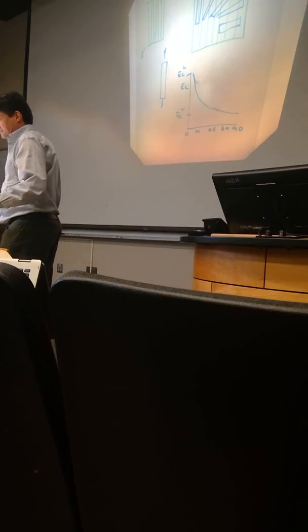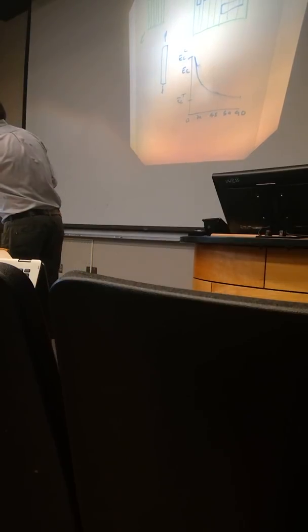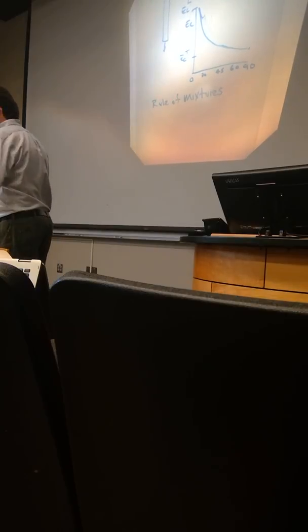And so this is what is called the rule of mixtures. And there's again the two models. There is the Voigt and the Reuss model.